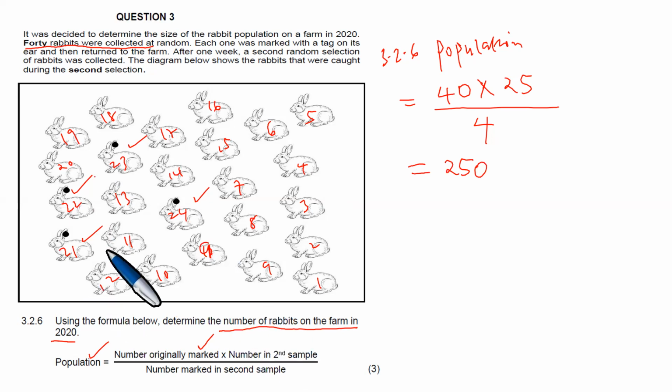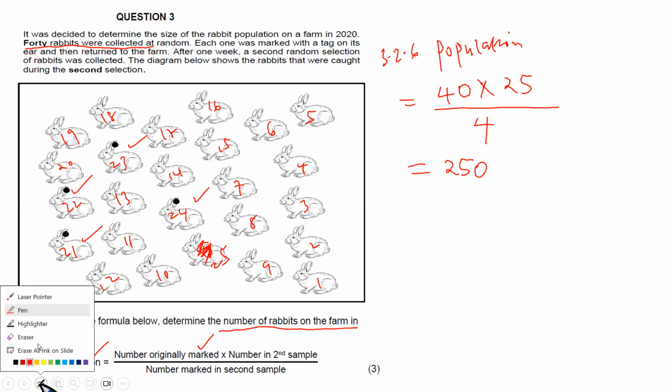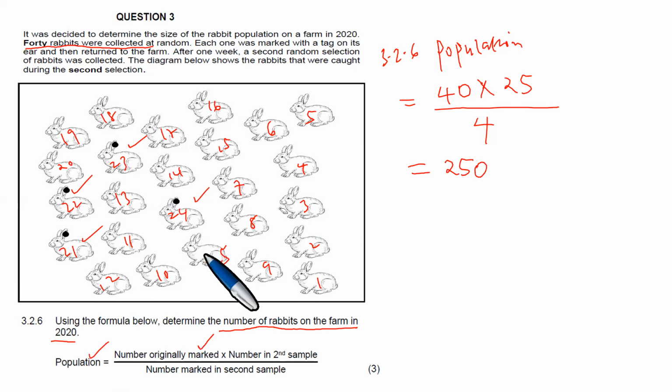Which one did I miss? Oh, I counted 9 twice. So there are 25 rabbits altogether, and that is why the number in the second sample is 25, and originally marked is 40. So the population is 250 rabbits.